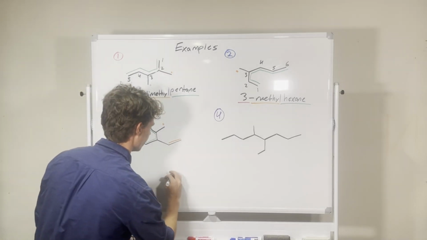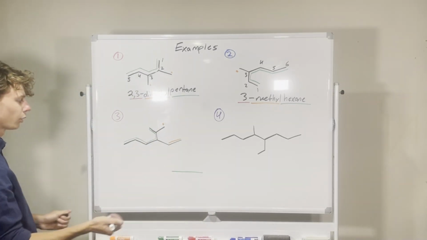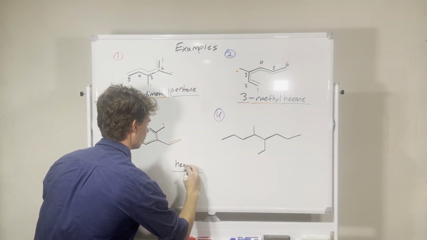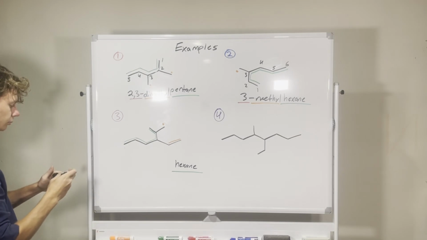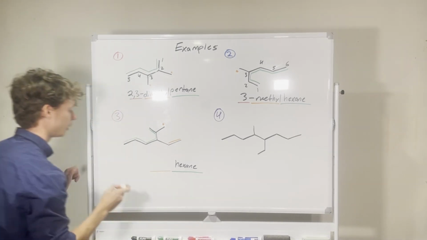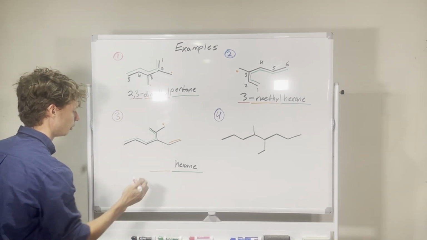I have the root here, 6 carbons, an alkane, we're going to call hexane. And I've identified my substituents, and we can put numbers associated with them.